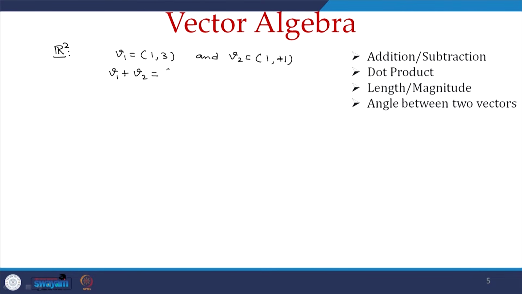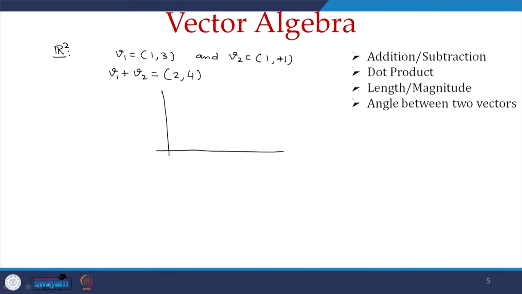Then v1 plus v2: you add the x component of v1 with the x component of v2, so 1 plus 1 is 2, and the y component of v1 with the y component of v2, so 3 plus 1 is 4.